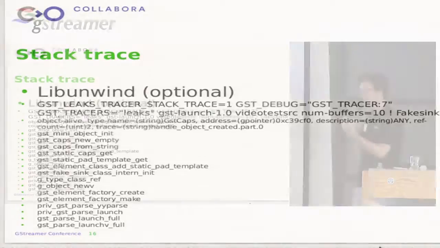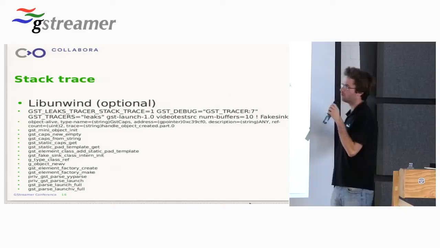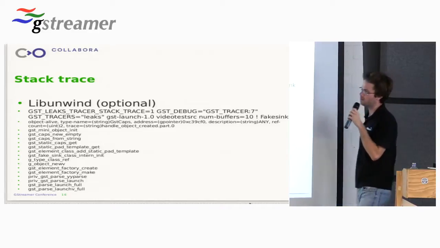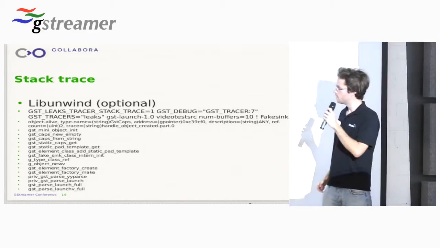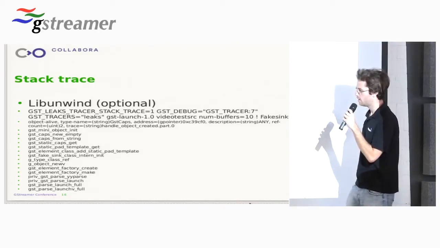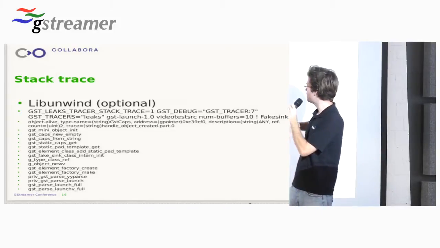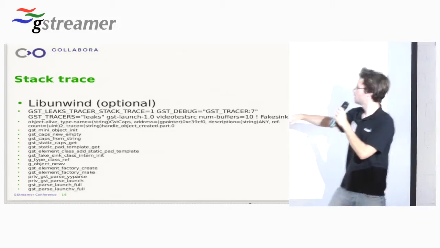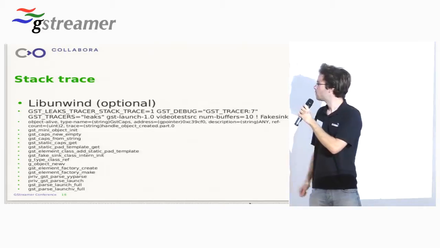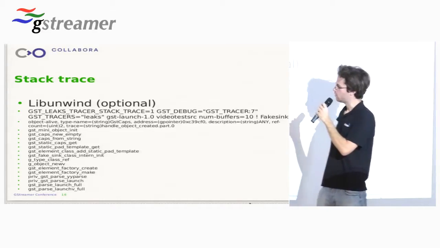Then once I had that merged, I had a couple of extra features which I found useful. The first one is the libunwind support, which allows us to get the full stack trace of the object being leaked. So for example, here we have a caps which is being leaked, and we see we have here a trace property with all the calls which led to the leak.